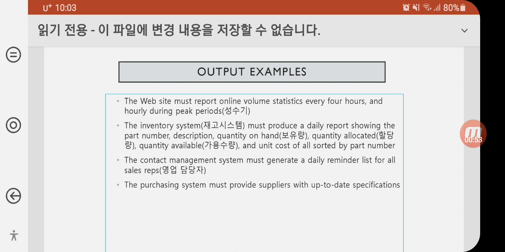The contract management system must generate a daily reminder list for all sales receipts. The purchasing system must provide suppliers with up-to-date specifications.